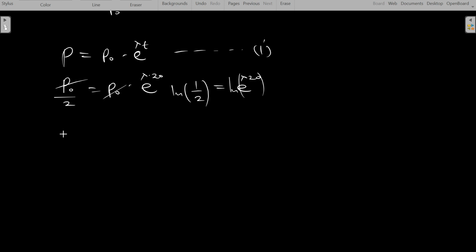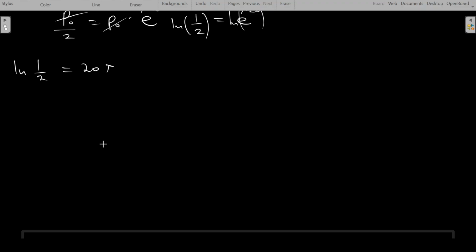So the ln of a half should give me ln e, and I should remain with 20 lambda. So from this case, we are saying this is ln of 1 minus ln of 2, which should give me 20 lambda. Then this goes to 0, so negative ln of 2 should give me 20 lambda.